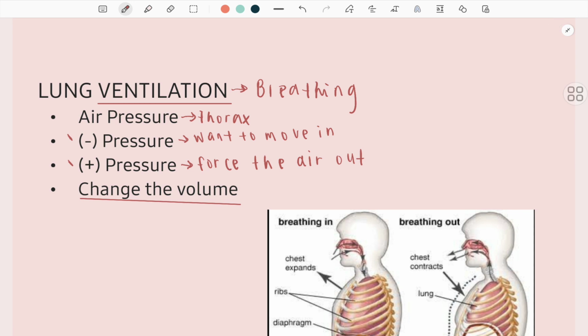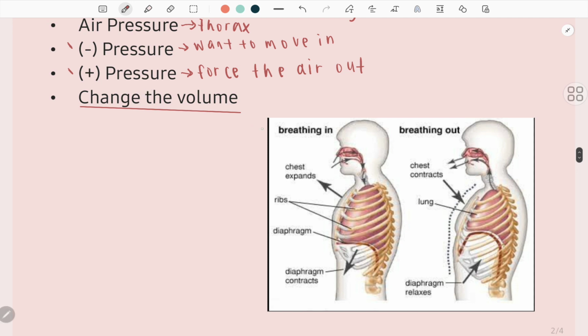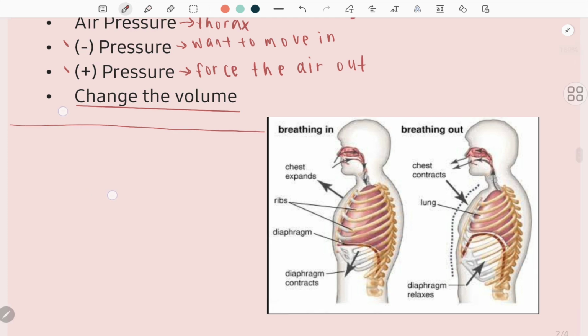In this next part, we're going to see the step by step changes in our body when we breathe in and breathe out. First is breathing in.